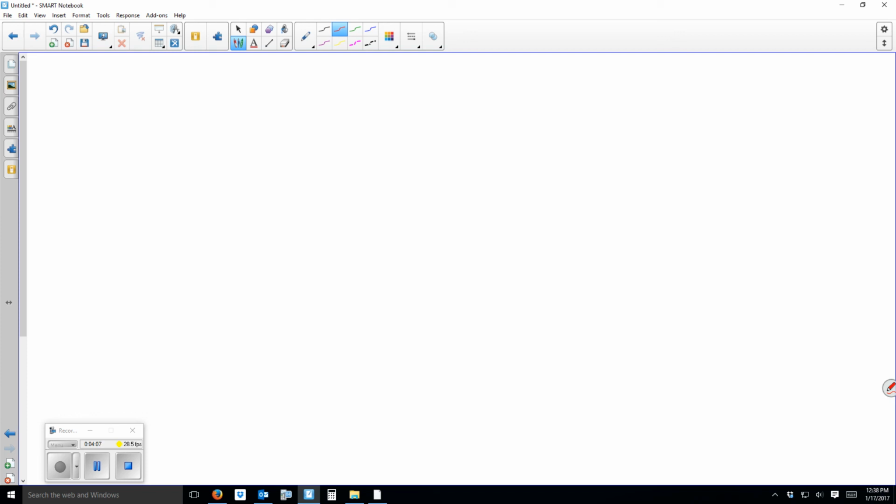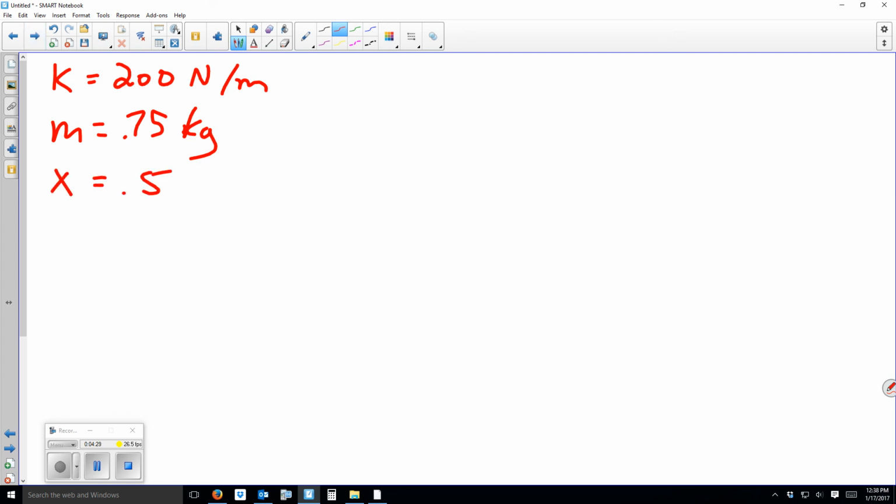Number 6. It says that we've got a spring constant of 200 newtons per meter. We've got a mass of 0.75. And we've got a distance stretched. Our amplitude is 0.5 meters. We don't have enough information to go straight into 1/2 mv squared.